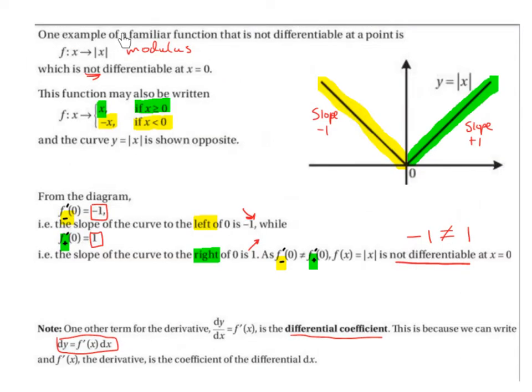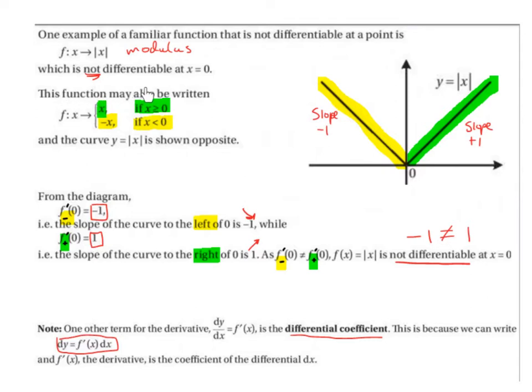One example of a familiar function that is not differentiable at a point is f of x maps to the modulus of x, which is not differentiable at x is equal to 0. So here we have our x-axis and our y-axis, and here we have the graph of y equals the modulus of x, and this graph is not differentiable at x is equal to 0, so the apex of our graph.